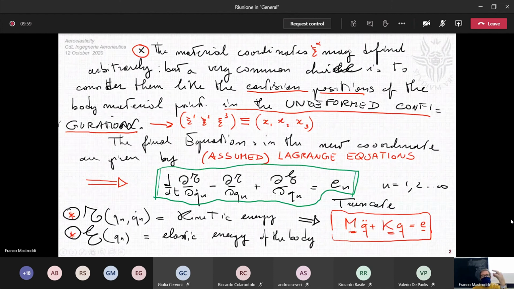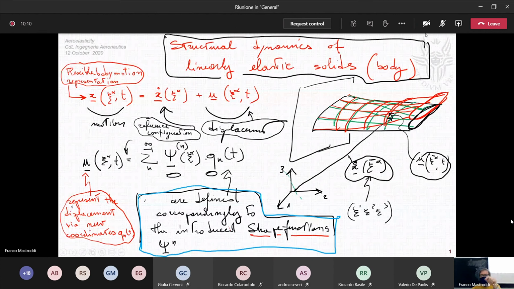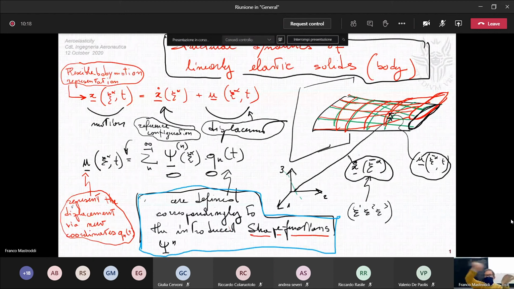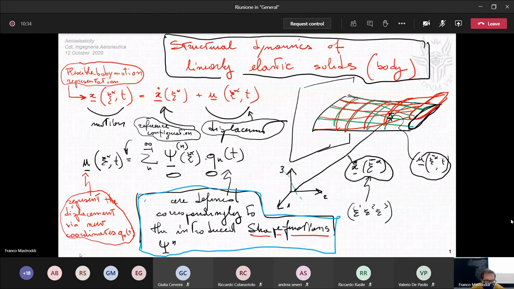These material coordinates are in principle arbitrary, in the sense that you can decide to fix these material coordinates, for example here, by using a brush, painting your initial structure with green lines, and fix also a numeration for these coordinates, like a scale for each line.